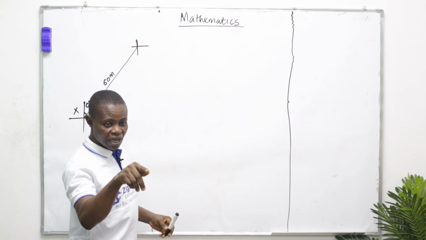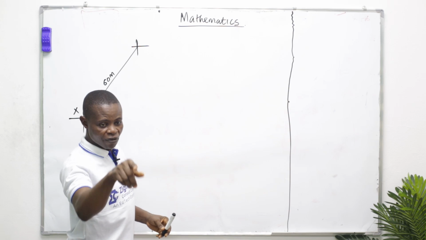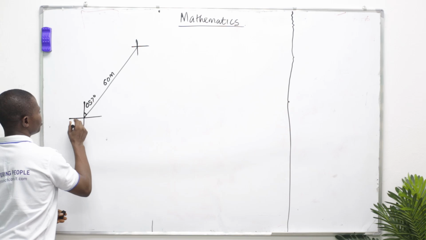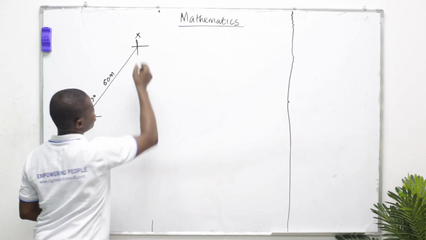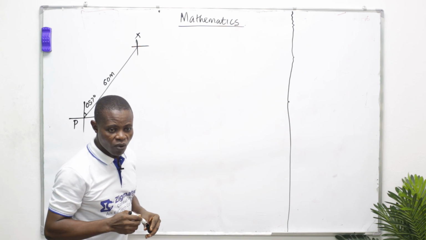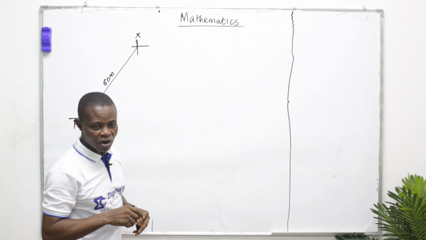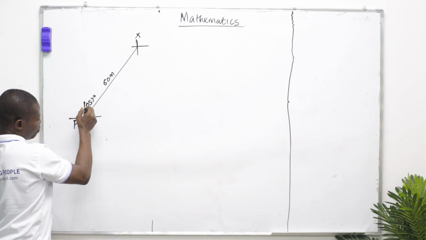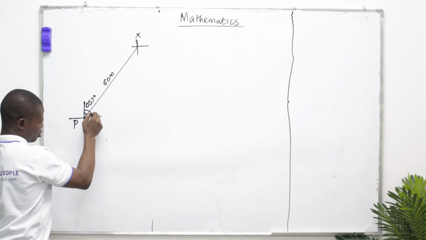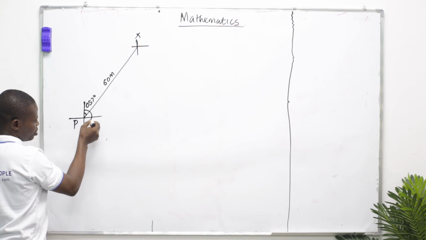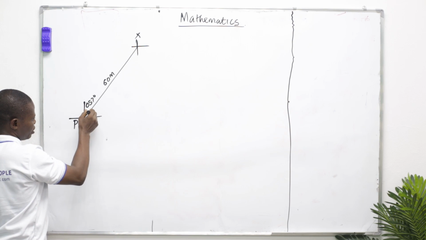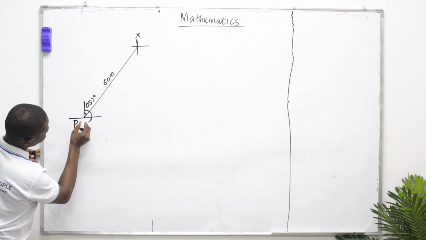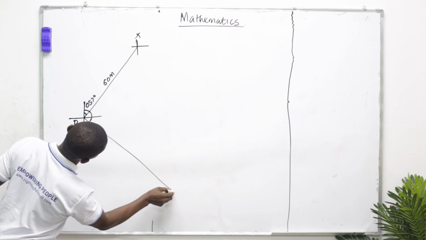Chief X resides 60 meters away on the bearing of this from palace P. Look at the palace P. So this is X. Then Chief Y resides on a bearing of 150 degrees from the same palace, that's from this place. 150 degrees. From here to here is 180. Because it's 150, it cannot get to this point, so you are stopping somewhere here. It's flowing this way.